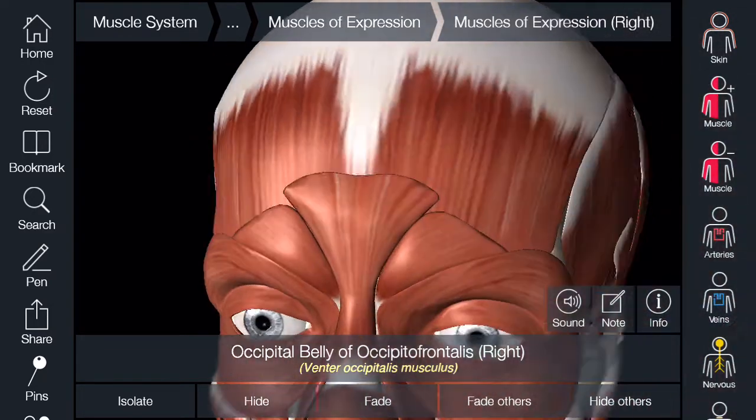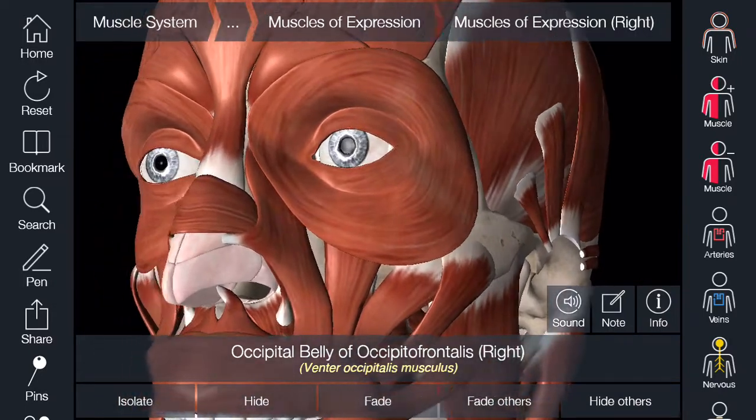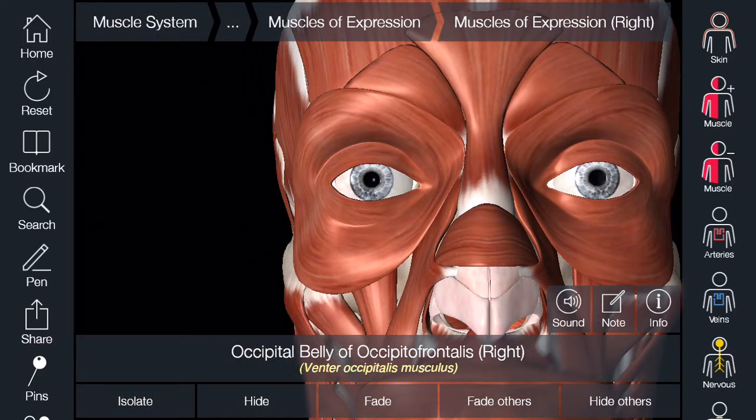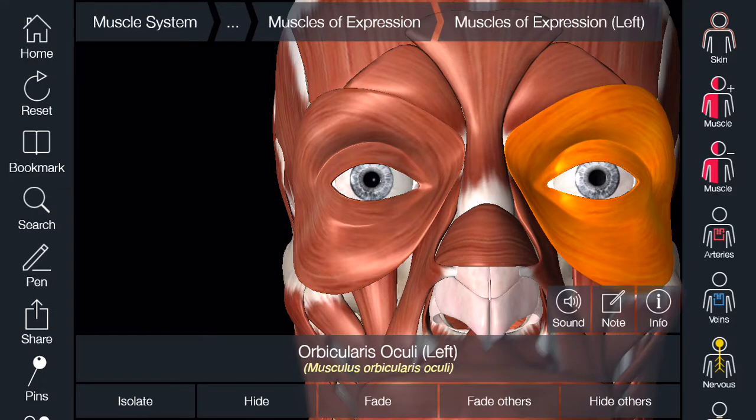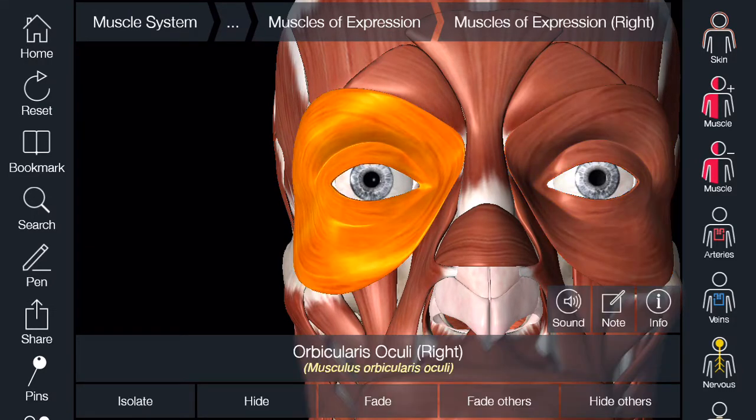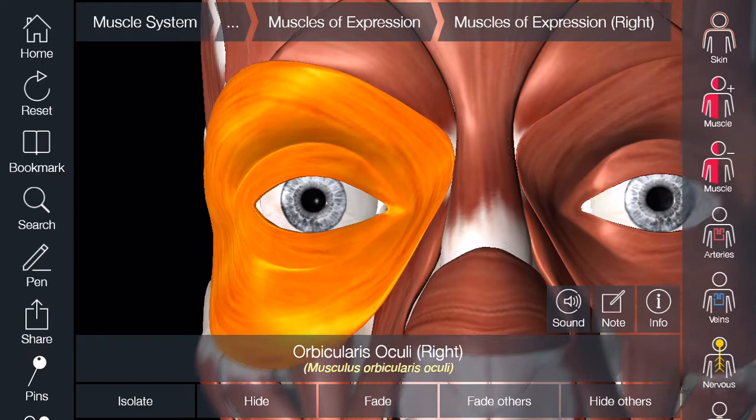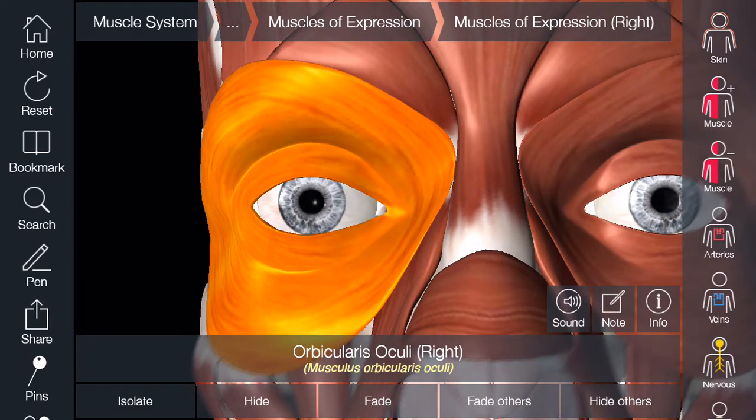Turning the head one more time, the orbicularis oculi, that is the muscle around the eye, and that closes the eyelids. Unfortunately, on this model, I don't have the levator palpebrae superioris, but that would be the muscle that opens your eyelids.